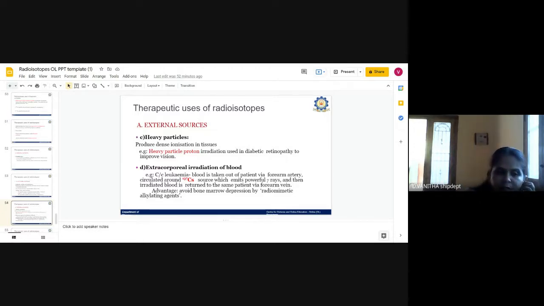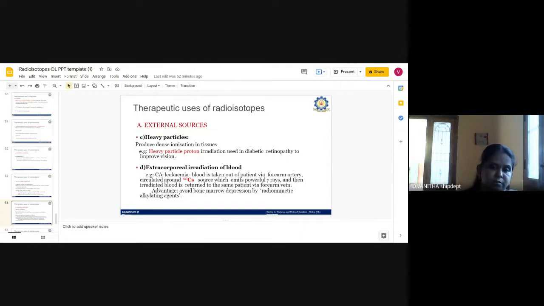Next is extracorporeal irradiation of blood. Leukemia is due to a lack of normal cells, where the white blood cell count is low.